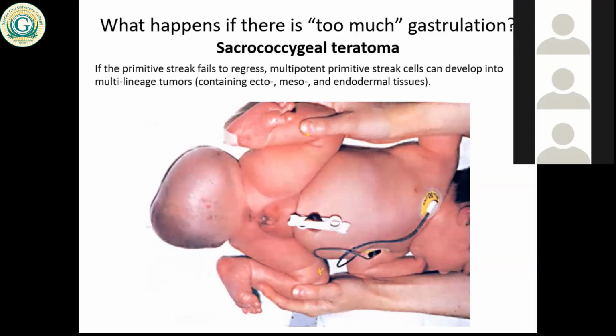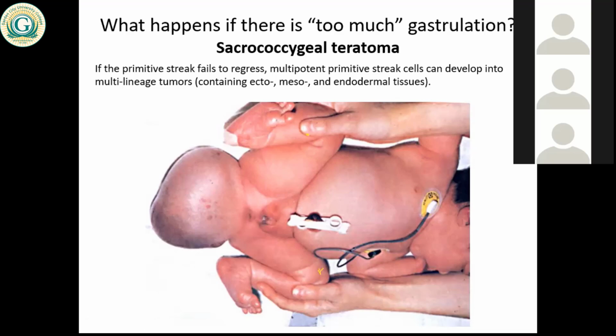Okay, if the primitive streak fails to regress, you see, when the primitive streak is formed, it's supposed to close. For some people, the primitive streak does not close.